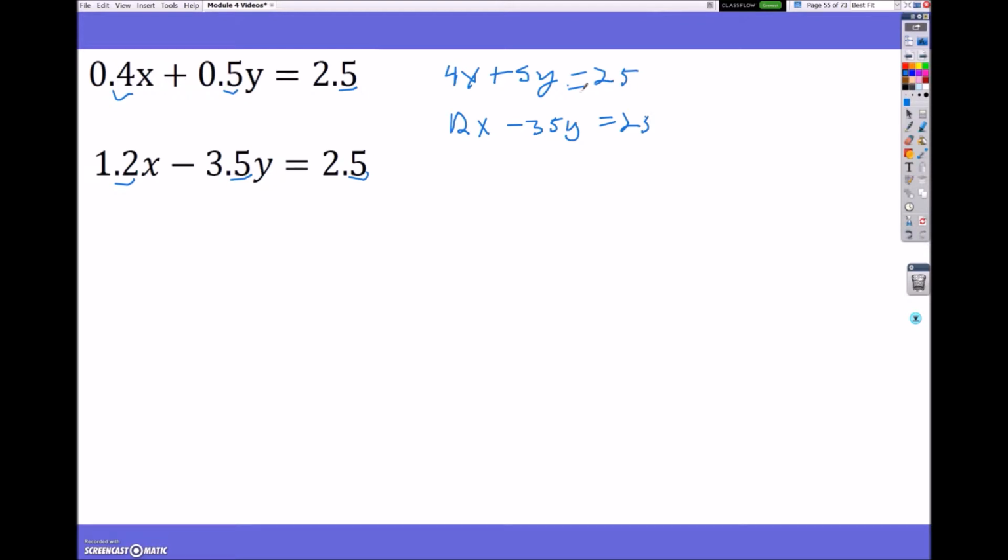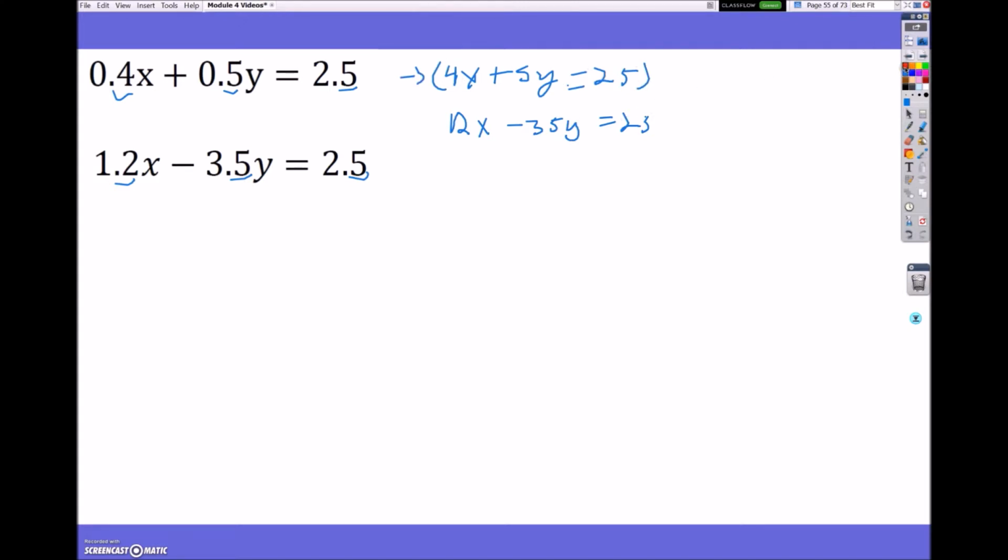Now I have two choices. I can multiply the top one by 7 in order to get the y's to cancel, or I can multiply the top one by negative 3. I'm actually going to choose to multiply the top one by negative 3, because I want to get rid of the x's.